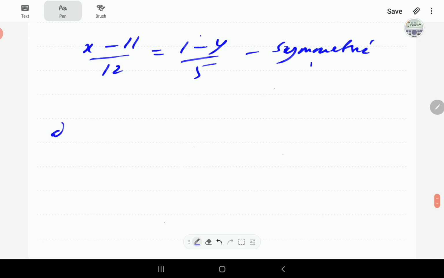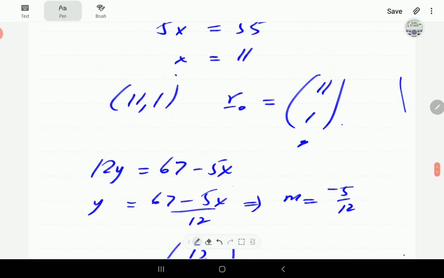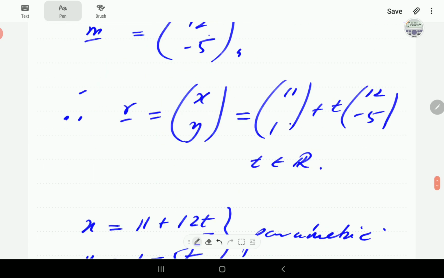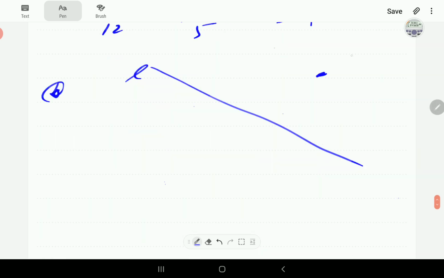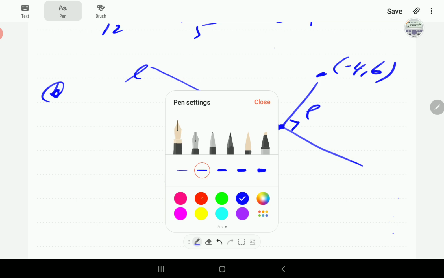Alright, then in part B, we want the distance from this line to the point (-4, 6). So this is the distance we want to find. There are quite a number of ways we can do this. One of them is to find the equation of this line here, which shouldn't be too difficult.